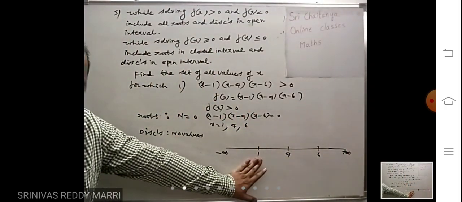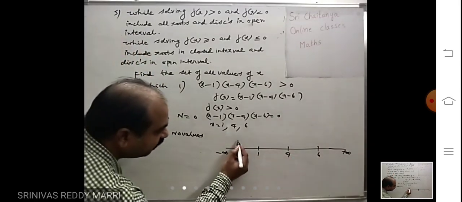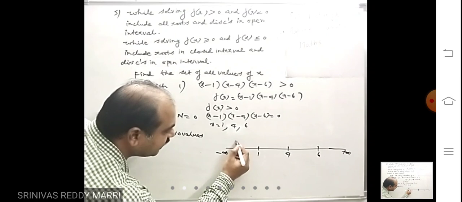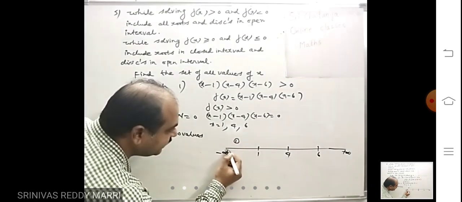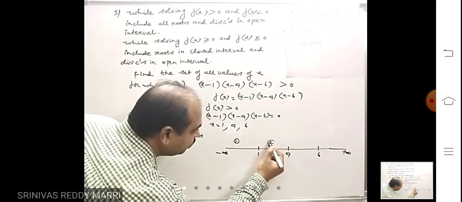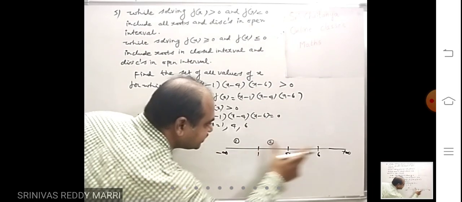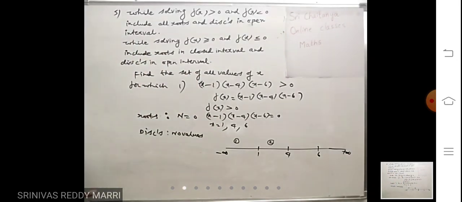When I have marked these three numbers, I will get 4 parts. From here you start. First part, minus infinity to 1. Second part, 1 to 4. This line is divided into 4 parts.